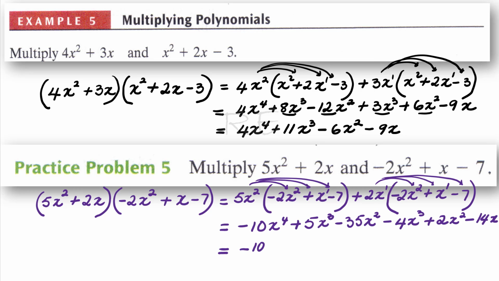Negative 10x to the fourth. Now 5x cubed minus 4x cubed, 1x cubed. Negative 35x squared plus 2x squared, negative 33x squared. Then we bring down negative 14x.